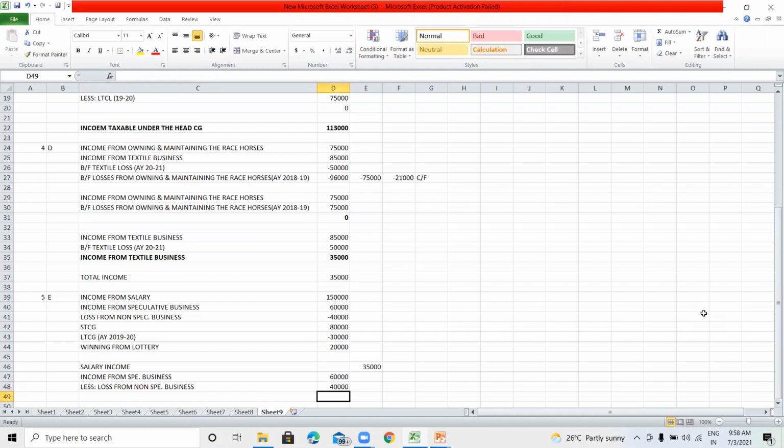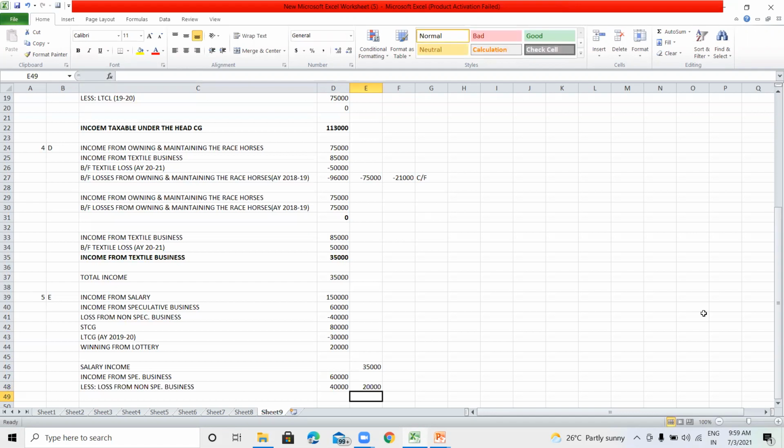As per the provision, the loss of speculative business cannot be adjusted with the income of non-speculative business, but the loss of non-speculative business can be adjusted with the income from speculative business. So the balance will be taxable.